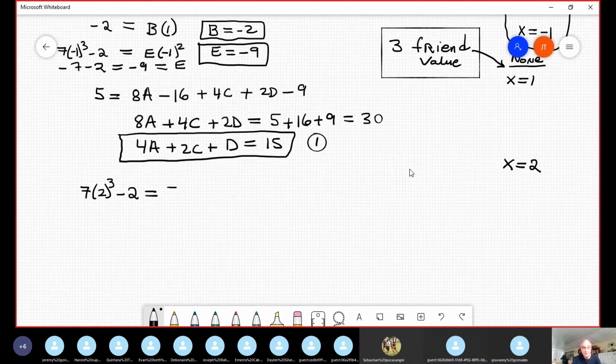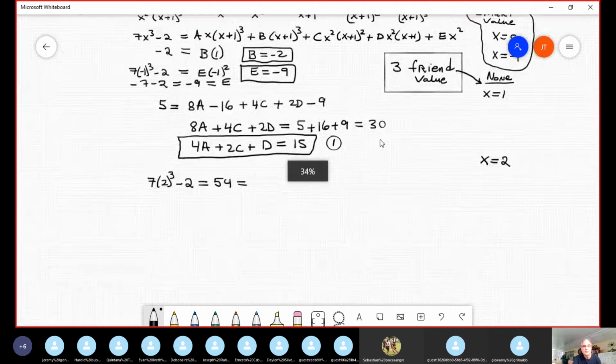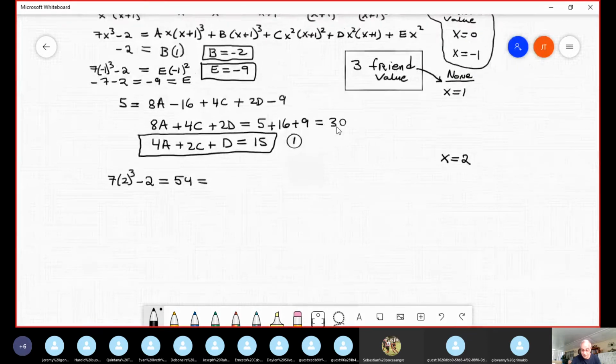That's 54. And the right-hand side, wow. We have 8 here, multiplication by 2, plus 1 cubed, no?